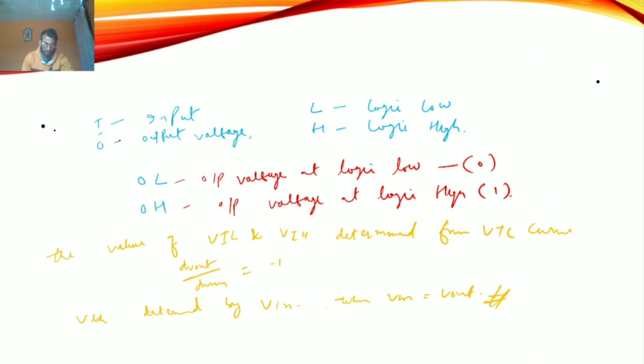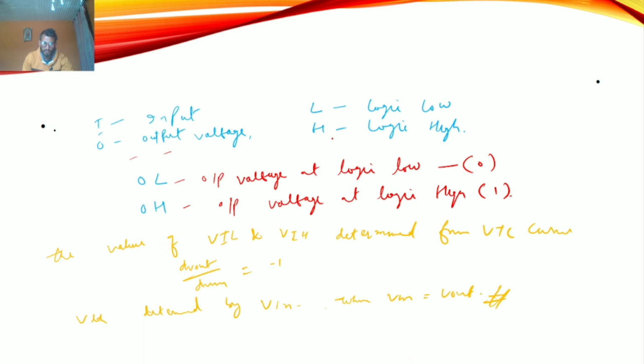Here I have written: I represents the input, O represents the output voltage, L represents the logic low, H represents the logic high. So OL represents the output voltage at low logic, meaning 0, and OH represents the output voltage at logic high, 1.